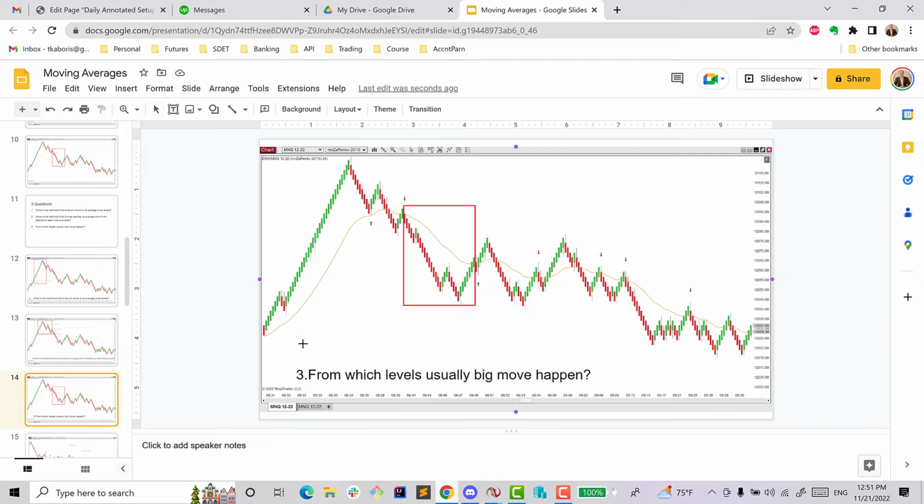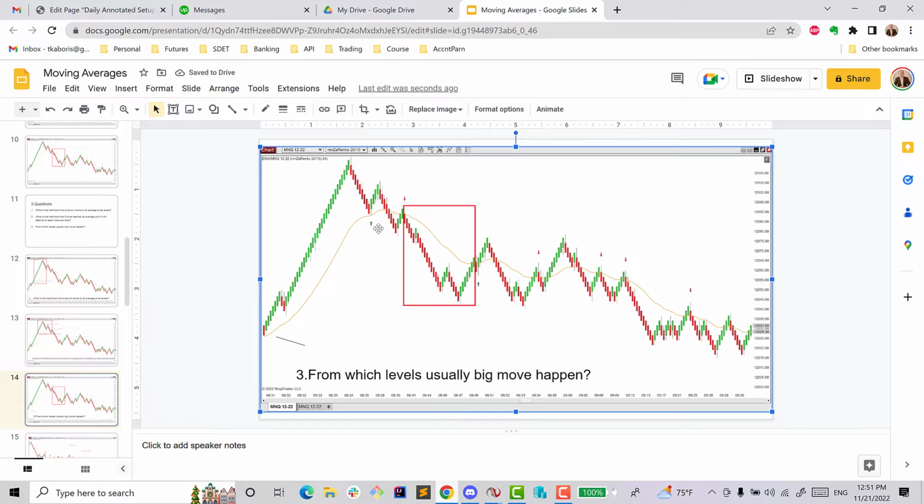That's a big leg, and again, it started from 34 EMA. Then we go here. Look at this leg. So if you look at this chart, you will notice that the biggest moves happen from 34 EMA.